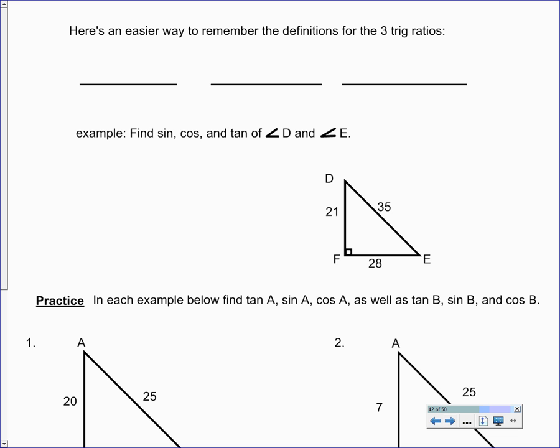So one of the things you're going to have to do with these trig ratios is remember the definitions for each one: sine, cosine, and tangent. There's a phrase that we use in math that you'll probably hear in all your math classes from here on out when you talk about trig. It's called SOHCAHTOA.